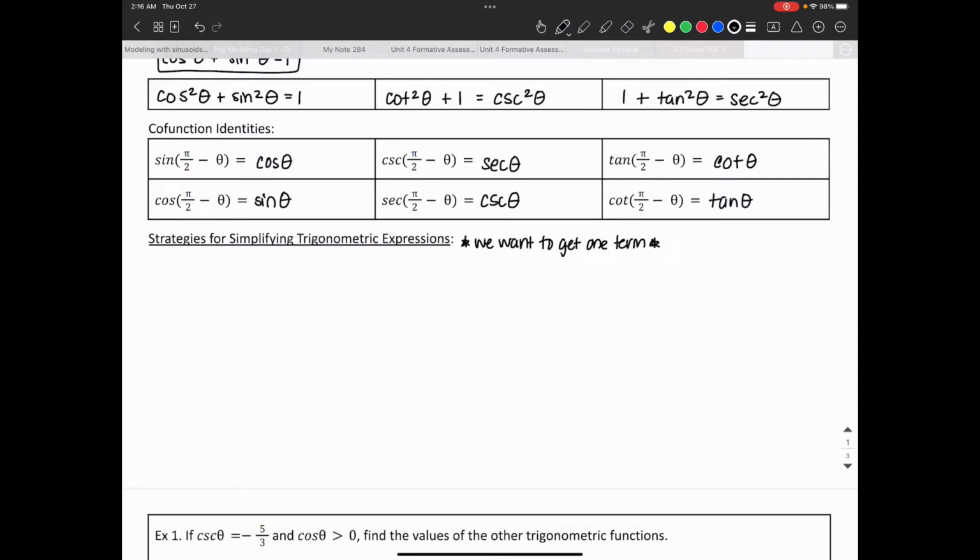So the strategies that we'll use: we're going to substitute using these trig identities we just talked about, and we'll add more in later. So we're going to substitute using trig identities.